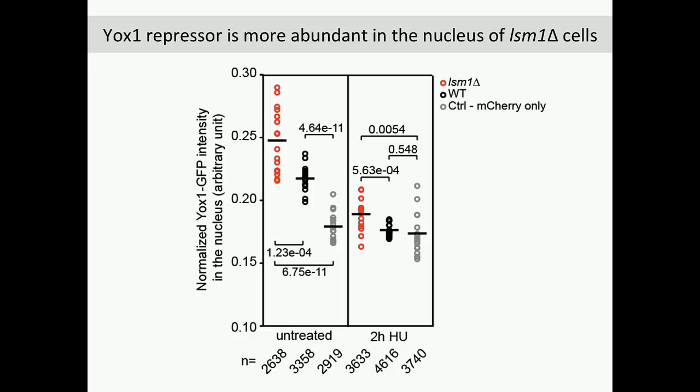We measured YOX1 GFP intensity in the nucleus of the cells, because YOX1 is a transcription factor, and we were able to detect that YOX1 protein is more abundant in LSM1 delta cells, when LSM1 is inactivated.